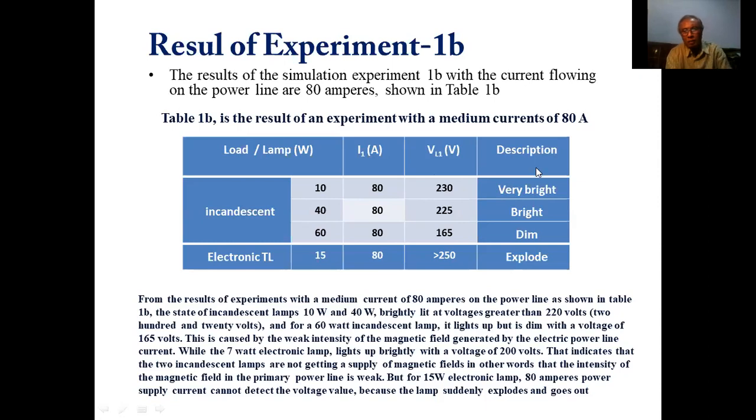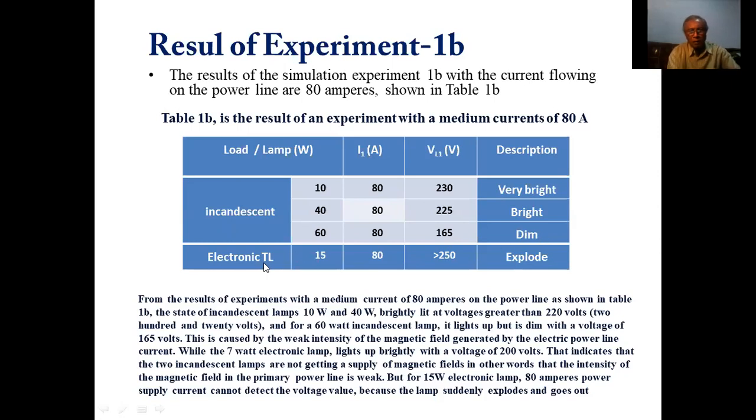Description of the lamp is bright. For the incandescent lamp 60 watts, the voltage is 65 volts. Description is dim.